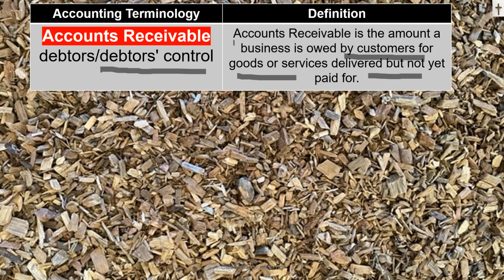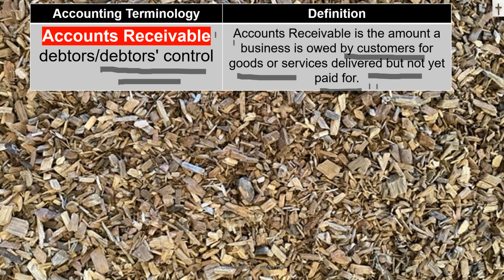We delivered these goods or services, but we haven't been paid for them yet. So credit sales: we've delivered the goods, but we haven't been paid. So accounts receivable will keep a record of credit sales to customers.